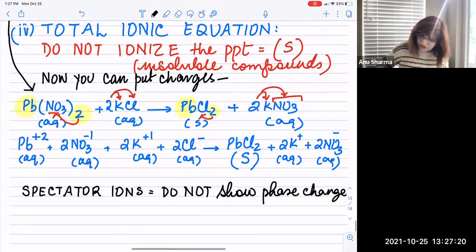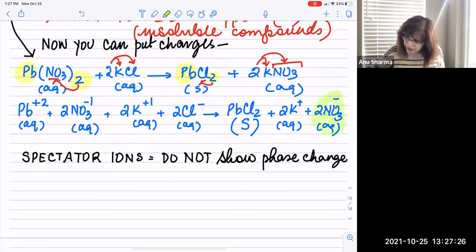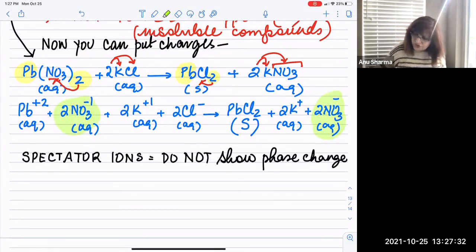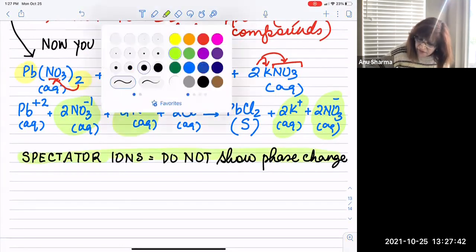So which ones are those? We see that the 2 nitrates are aqueous on this side and 2 nitrates are aqueous on the other side. And 2 potassiums are aqueous on one side and 2 potassiums are aqueous on the other side. So the spectator ions are the ones in green.